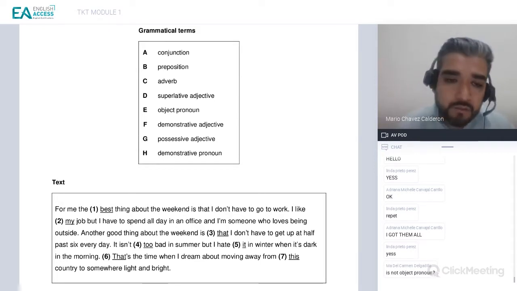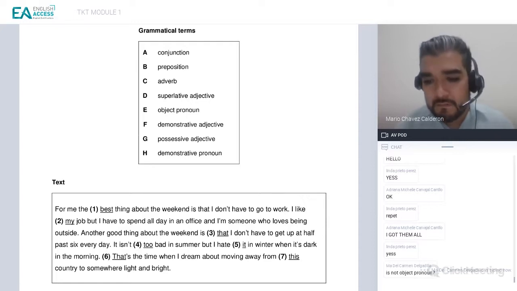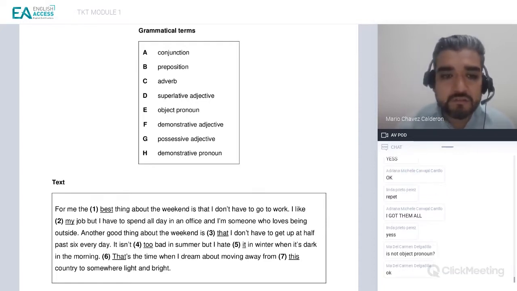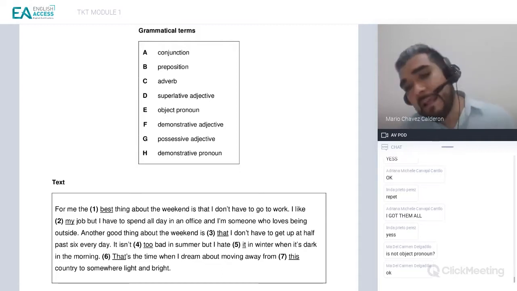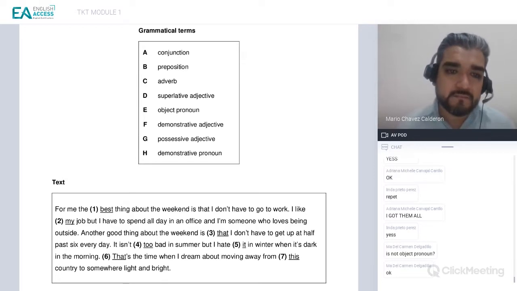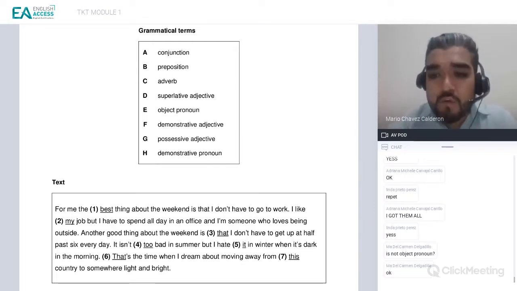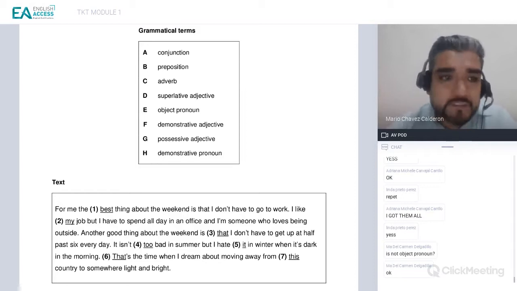An object pronoun? No. Object pronouns: me, you, him, her, it, us, them. This is a demonstrative adjective. It's not replacing the country. It's giving more information about it. So it's the letter F. Okay, ladies? With this, we finish this first part.